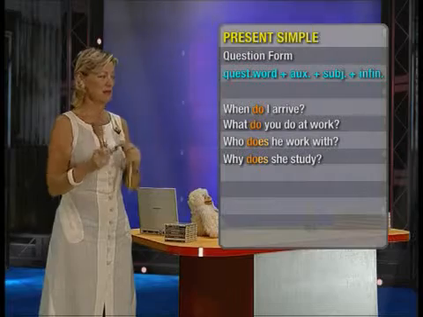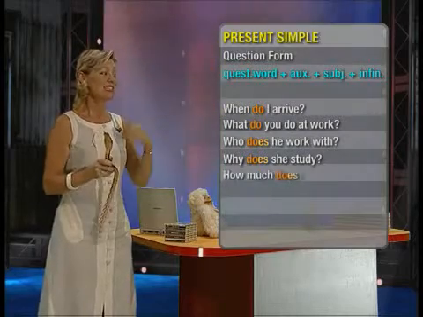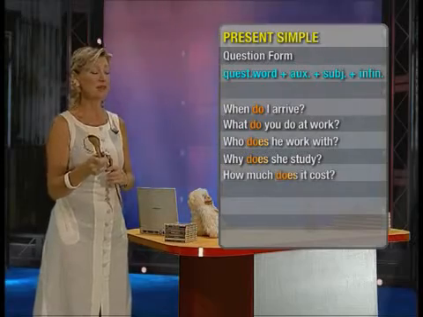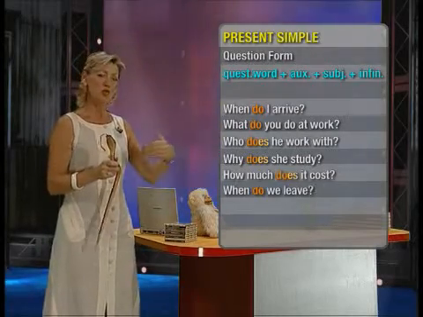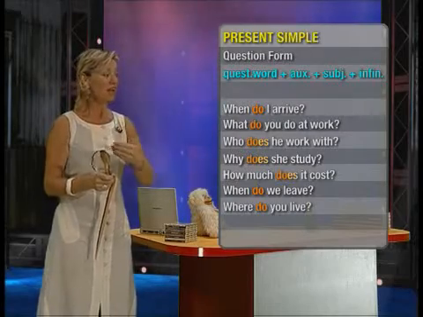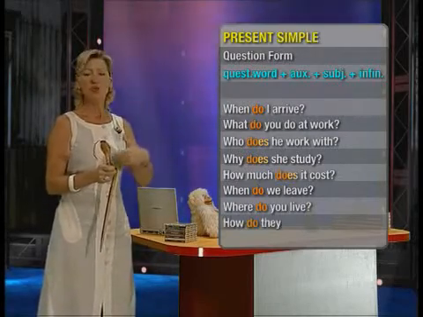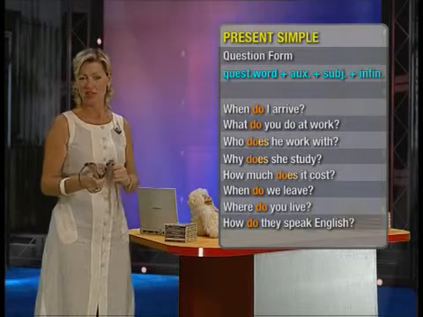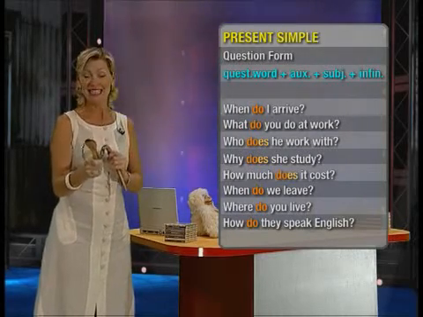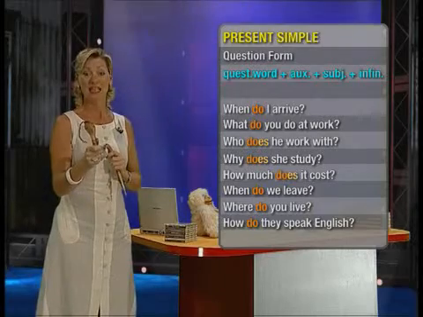Third person. How much does it cost? Again, third person, it. When do we leave? Where do we live? And how do they speak English? Okay, so remember, third person does is the auxiliary plus the infinitive.